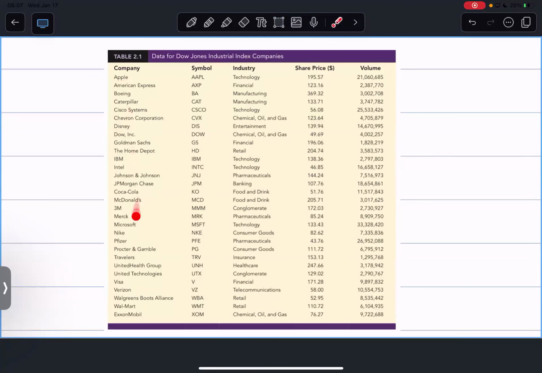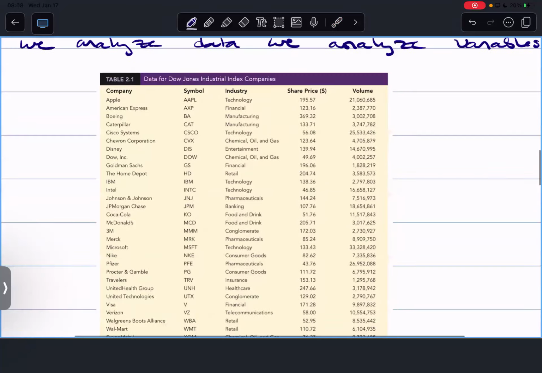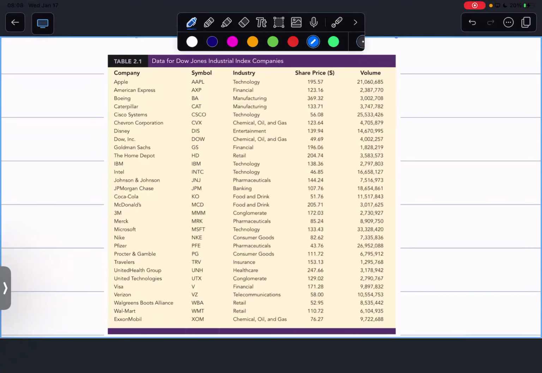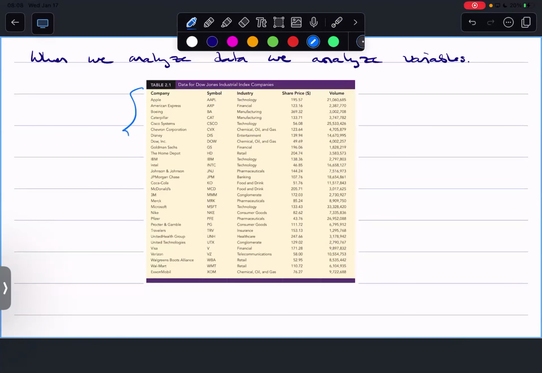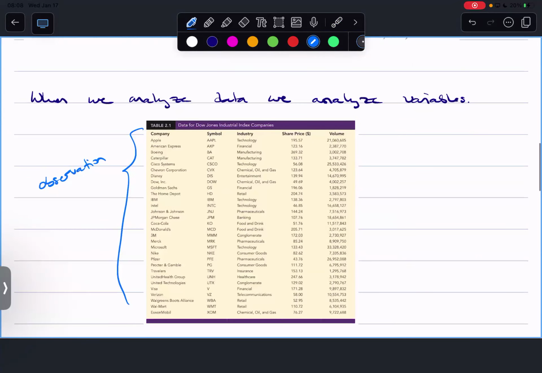And so we've got the company name, the stock exchange symbol, the industry that they're classified in, the share price, and the volume. So in general, we talk about observations. So each company is an observation, and each column is a variable.